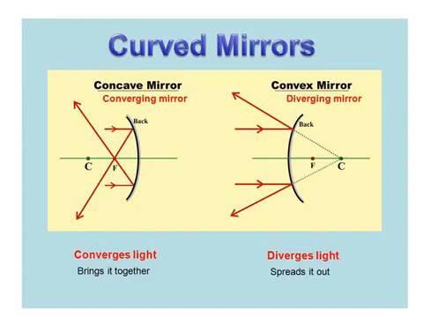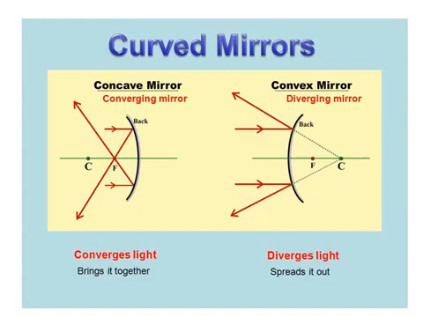So when a ray of light falls on the converging mirror, which is also called the concave mirror, it is so called because parallel beams of light converge at a point called the focus or principal focus, and that's why a concave mirror is also called a converging mirror.